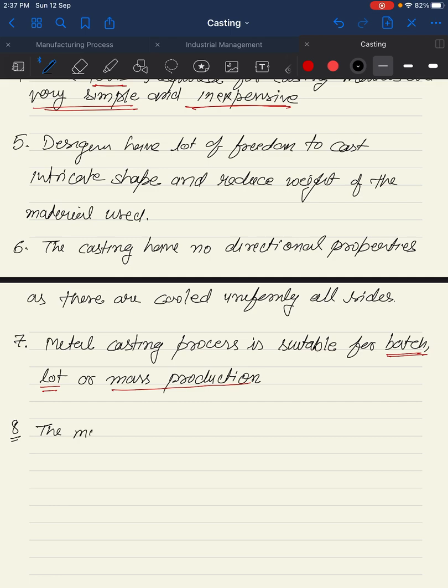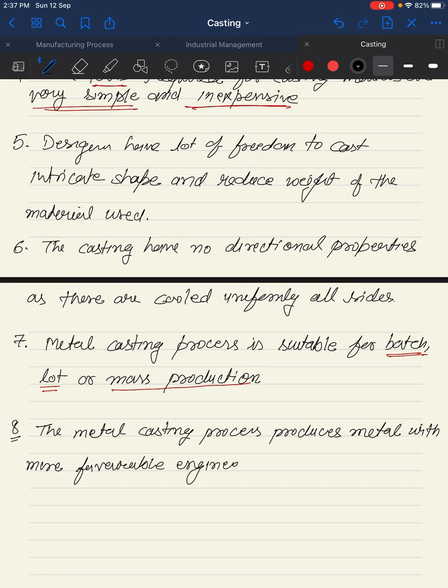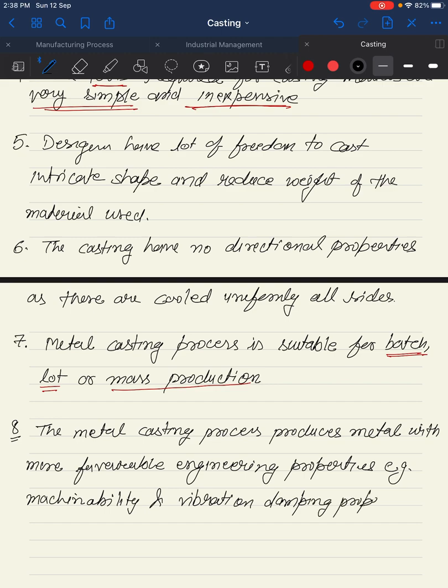The metal casting process produces metal with more favorable engineering properties, for example machinability and vibration damping property as in cast iron.